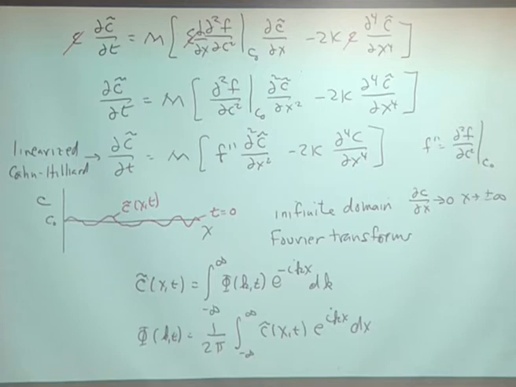And so, for example, if you look at the time derivative term, you will have a 1 over 2 pi times the integral from minus infinity to infinity, the partial c tilde dx. And so you can pull the derivative out.